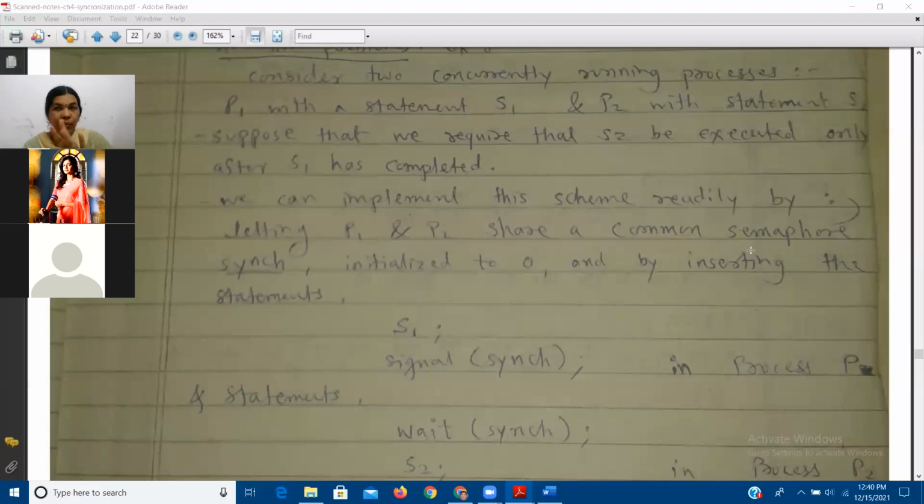So it will be decremented to 4, 3, 2, 1, 0. Once it becomes 0, P1 will come outside the washroom and execute the signal operation. The signal operation gives a signal to P2, and P2 is able to enter the critical section. So P2 again sets the variable to 5.